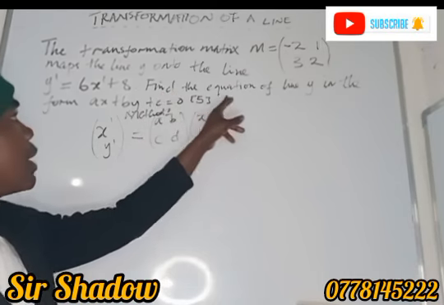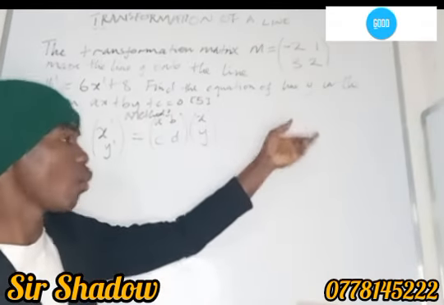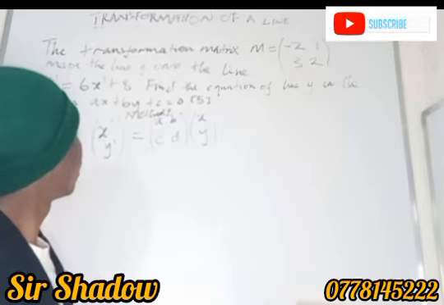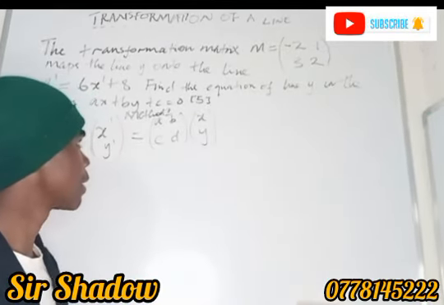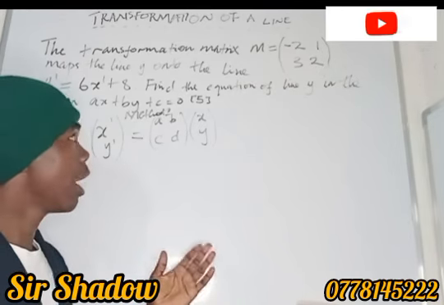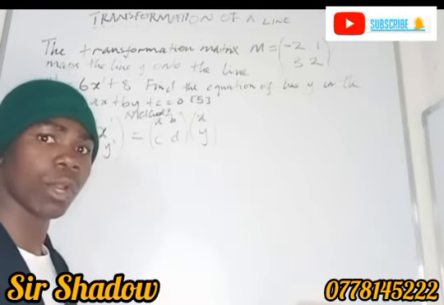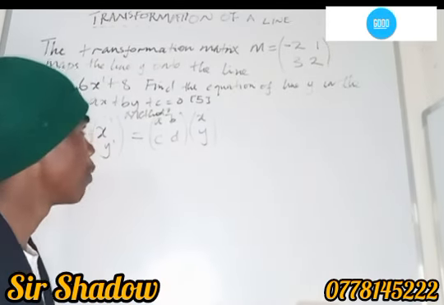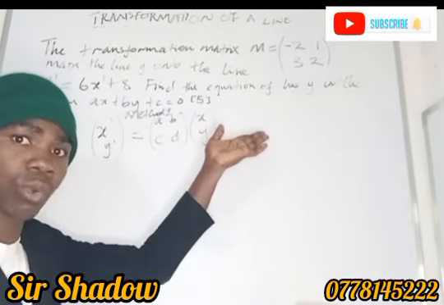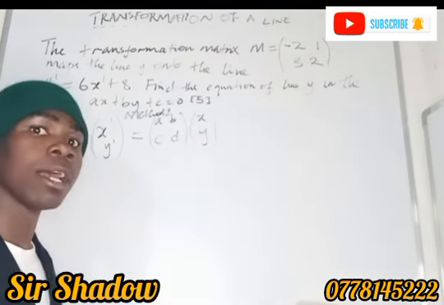Find the equation of the line y in the form ax plus by plus c is equal to 0, and you are given 5 marks. So in order to find the equation of the object from the equation of the image and the matrix M, we have to use two methods.